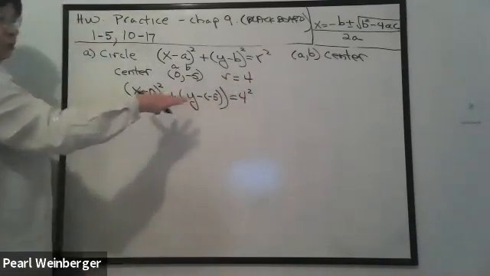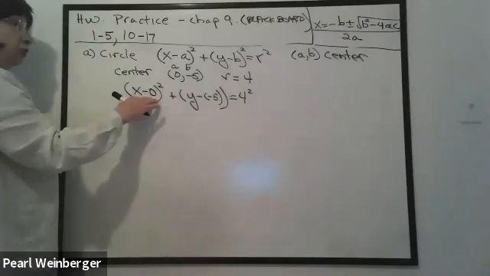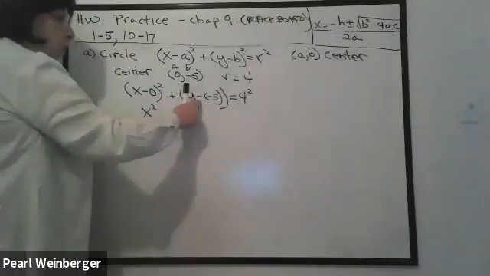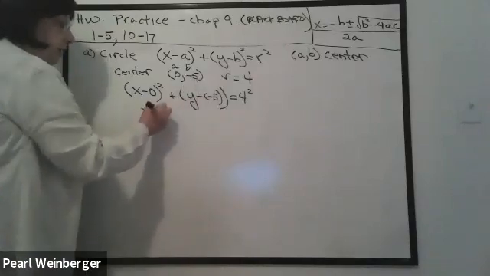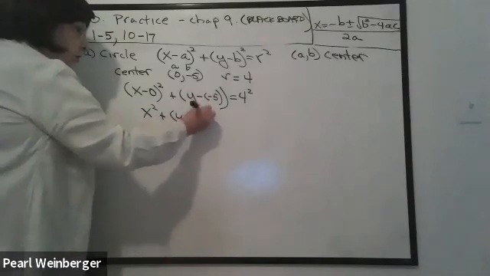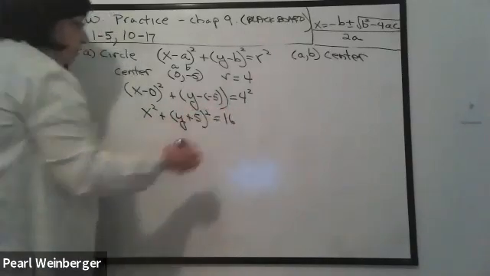And of course, I can simplify this. x minus 0 is just x, so this just becomes x squared. y minus -5 becomes y plus 5. And 4 squared is 16.